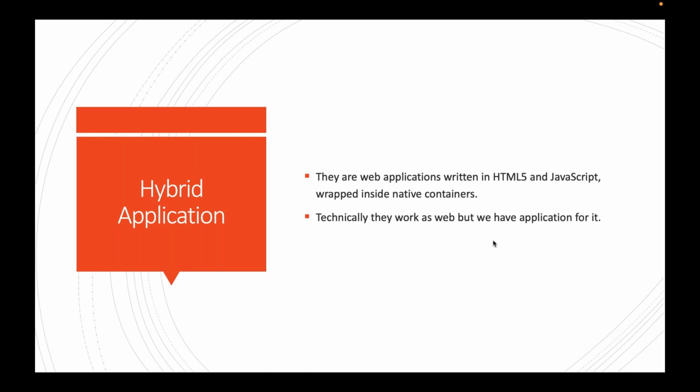I just go to Chrome or Firefox, enter the URL, and continue. Similarly, when it's a native application, I don't need a web page. I just need to install the package or the IPA file, and then I can continue. This is how it varies.